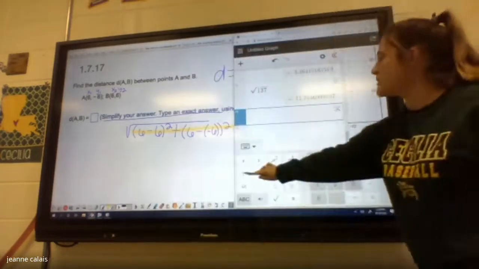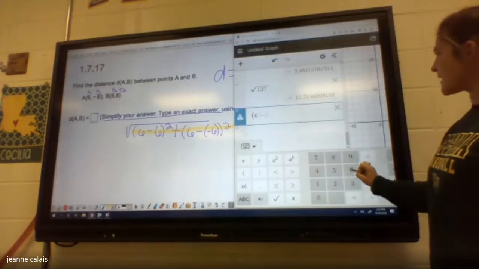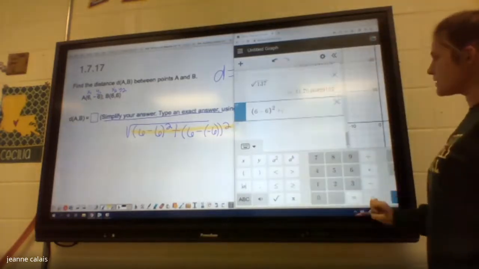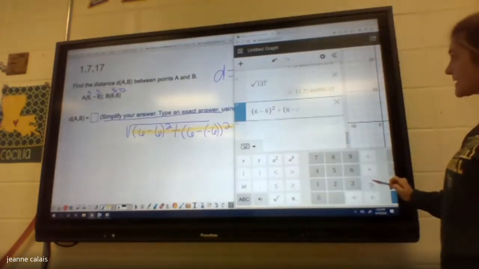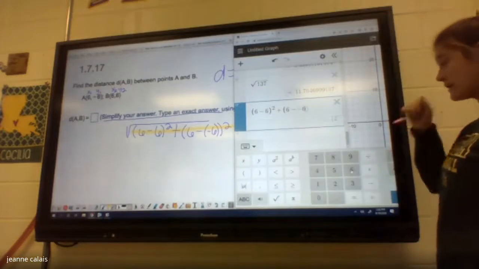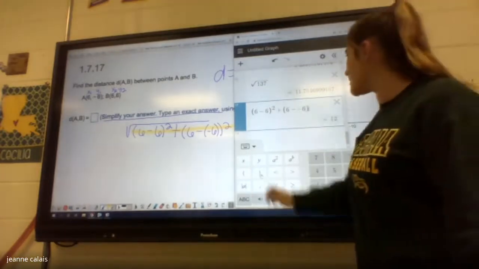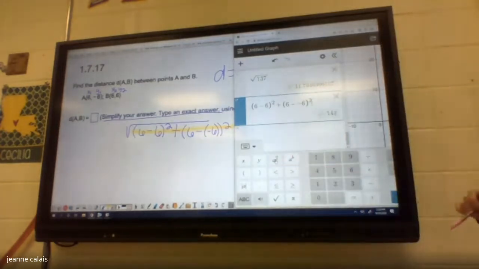All right, just as you see it: open parentheses, 6 minus 6, close, then squared, plus 6 minus negative 6. So you're using the minus sign as both your subtraction and your negative. It works for this calculator, doesn't work for all.